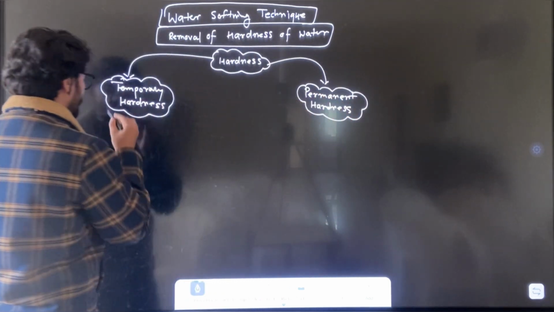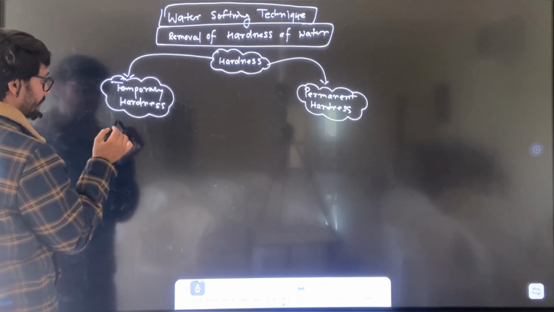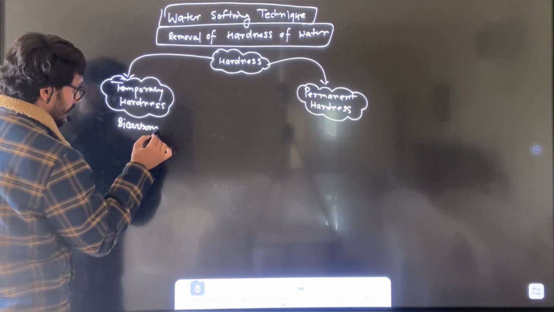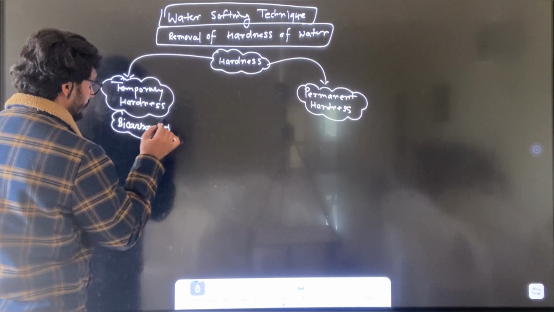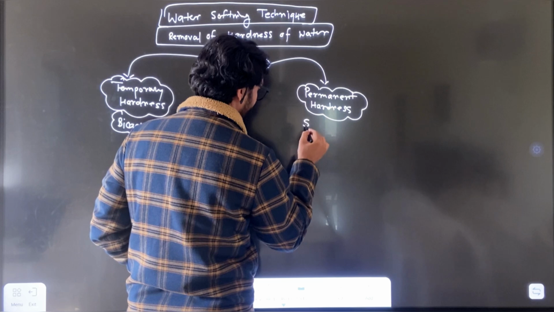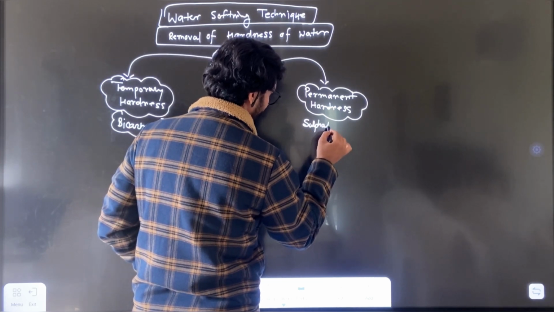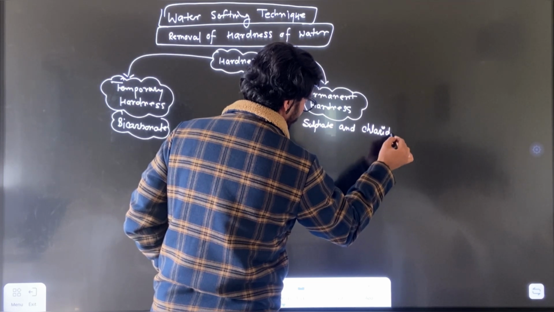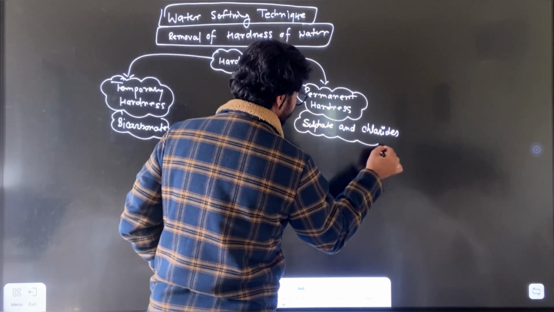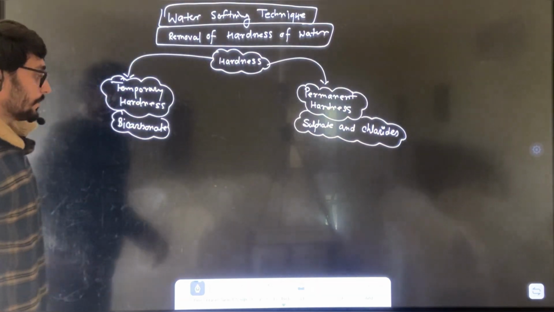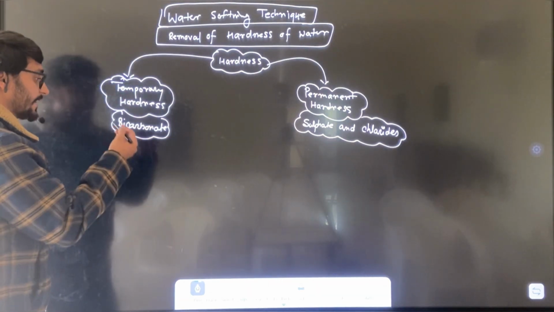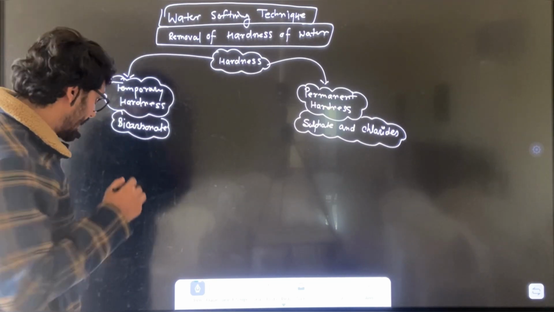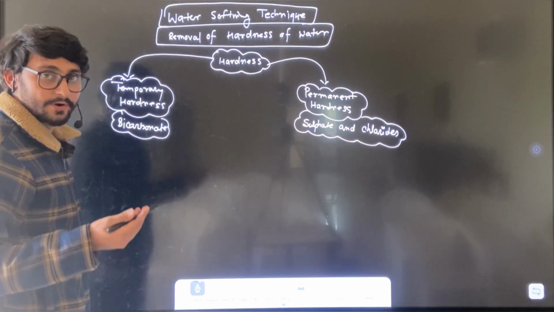Also we know that temporary hardness has bicarbonates, but permanent hardness has sulfates and chlorides. Bicarbonate can easily decompose into carbonate by heating.